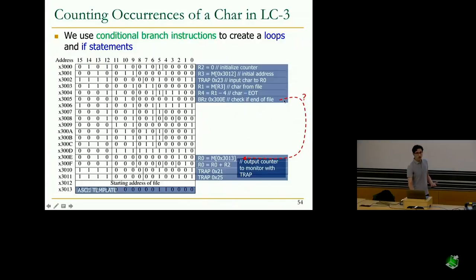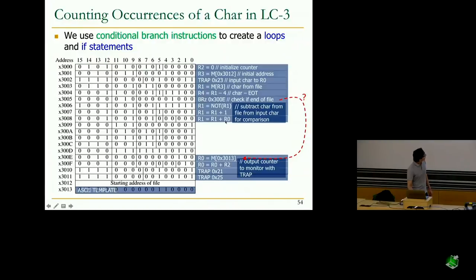But if it's not, if this char is a regular one, not the end of file, what we are going to do next is subtract the char from the file that is contained in R1. Recall that we loaded it here into R1, and here we are calculating the 2's complement, and then we add this 2's complement to R0.